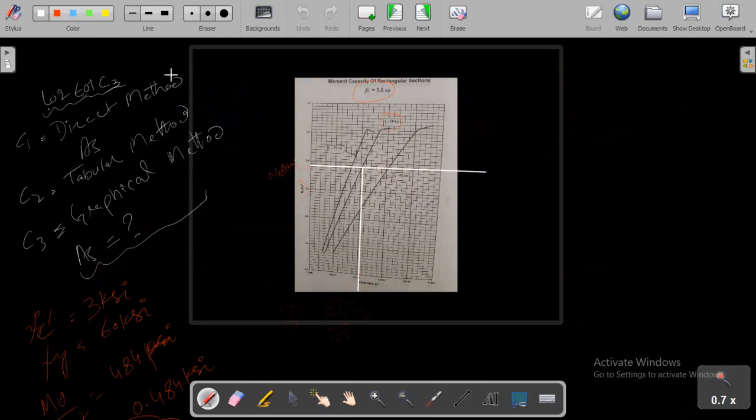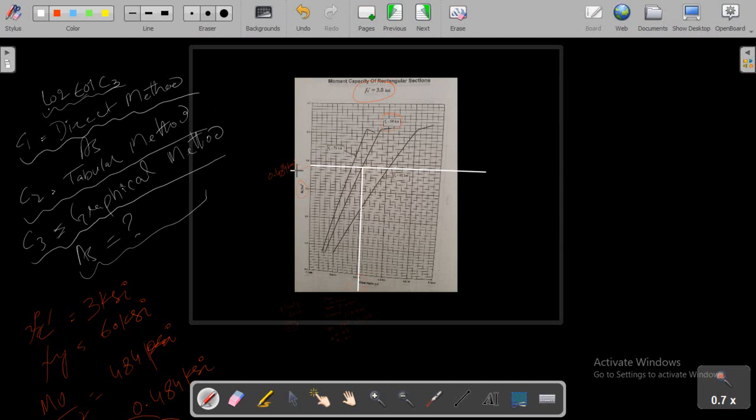In C1, C2, C3, we covered the direct design method, the tabular method, and the graphical method to find the area of steel, right?